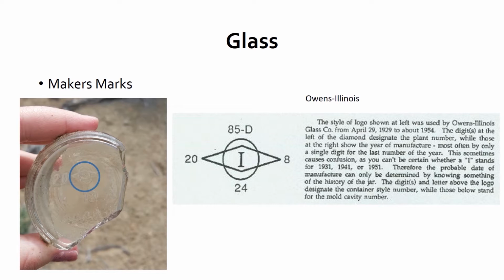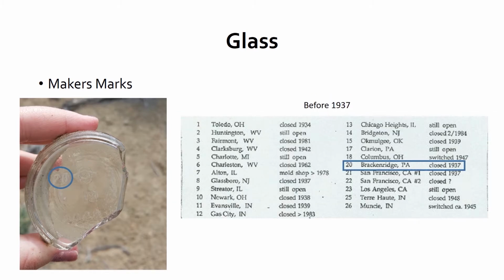For example, the Owens, Illinois brand would put a lot of information into their maker's marks. This, for example, the 20 on the left-hand side of the symbol tells us that it was manufactured in Brackenridge, Pennsylvania, which closed in 1937. So we know that this glass was made before or in 1937.